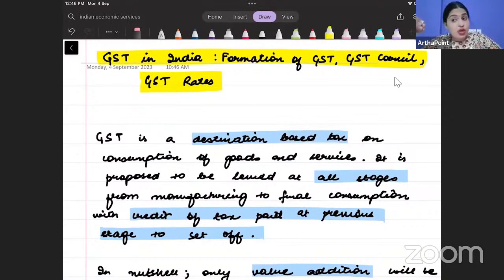The destination of the burger is the consumer. So who will pay tax? The consumer will pay tax on that burger. Are you getting it? So what is GST, beta?